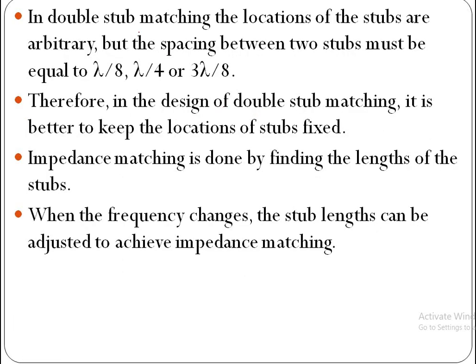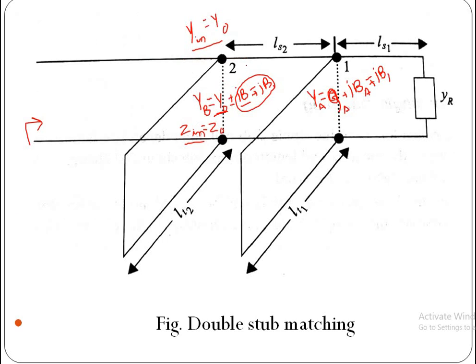So in double stub matching, locations of stubs are arbitrary. You may connect the stubs anywhere, but the spacing between two stubs must be equal to lambda by 8 or lambda by 4 or 3 lambda by 8. You may connect 1 and 2 anywhere, but the spacing between these two stubs must be equal to lambda by 8 or lambda by 4 or 3 lambda by 8.